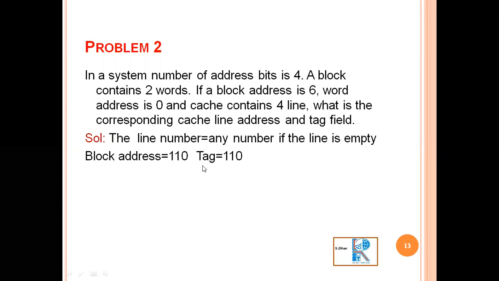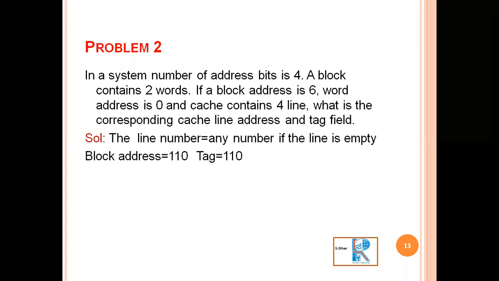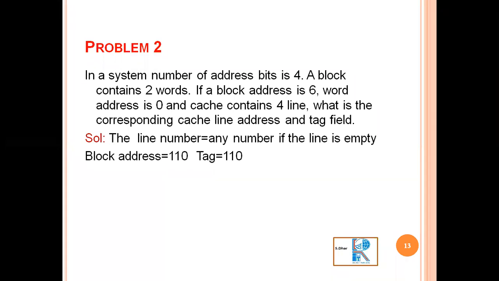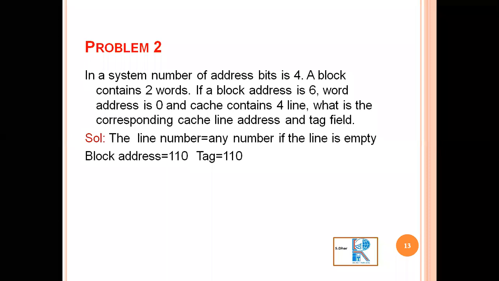So what is the advantage? There is the least chance of collision, because when one line is empty, the processor will put the particular block in that line. Collision will only happen when there are no empty lines in the cache. Otherwise, there is no chance of collision.